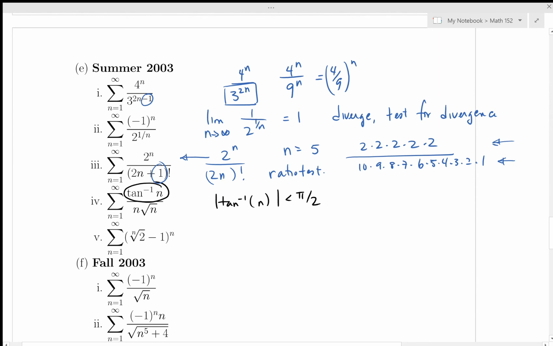So it's just sitting there, but it's not going to have much of an effect, because you're just multiplying by a number that's a little bit bigger than 1. So really everything depends upon this, and that is n to the 3 halves, and n to the 3 halves is a convergent p series, so you would expect convergence.